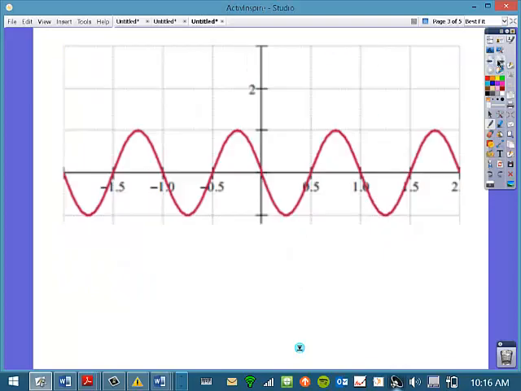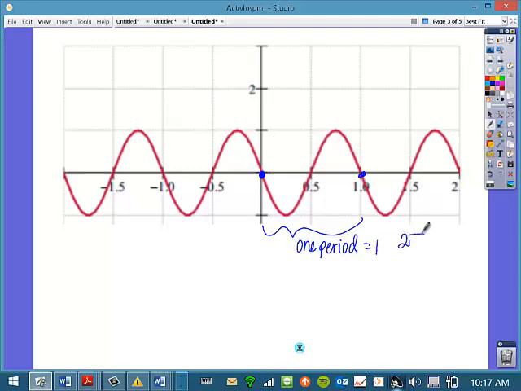Alright, here's my next one. There's a couple ways you can think about this. You can think, okay, I start here, go down, up, and down, so then here's one period. And this is just a sine function with a negative coefficient. So one period is 1.